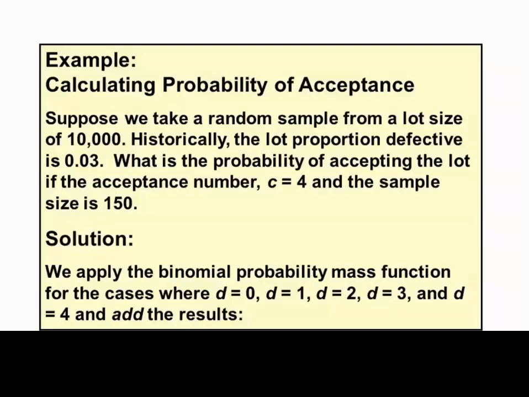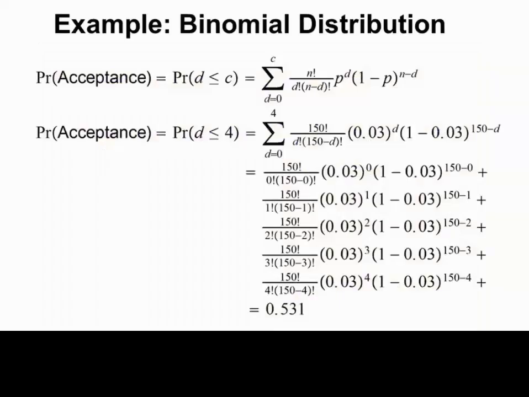So if c equals 4 represented the acceptance number, then we want to find the probability that we find 0 defects, 1 defect, 2 defects, 3 defects, or 4 defects. And so we'd be applying this binomial 5 separate times. The only thing that changes each time is the value of d. So first it's 0, then it's 1, then 2, then 3, then 4.